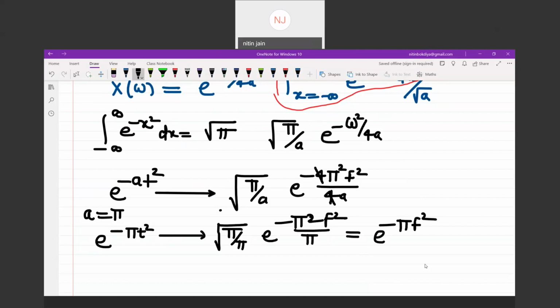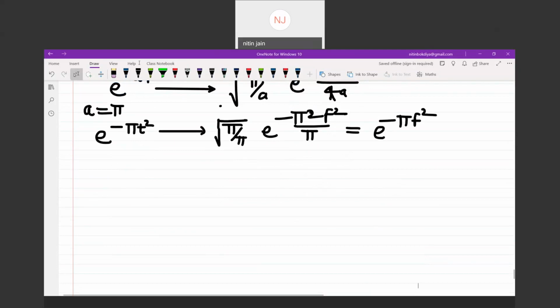And this is a very popular expression. What you can remember: Gaussian function e to the power minus pi t square has Fourier transform e to the power minus pi f square.